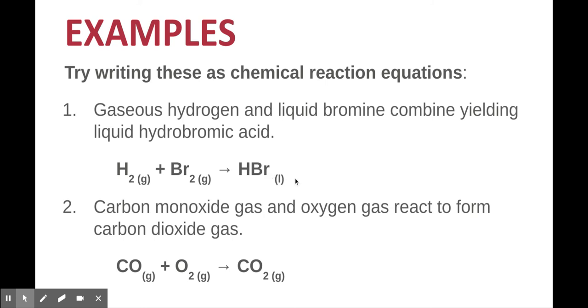Now, notice that in order to do this, you are going to need to know your compound nomenclature. You're going to need to know how to write ionic compounds, covalent compounds, and acidic compounds. You need to know how to go from their names to formulas, and you need to know how to go from formulas to names.